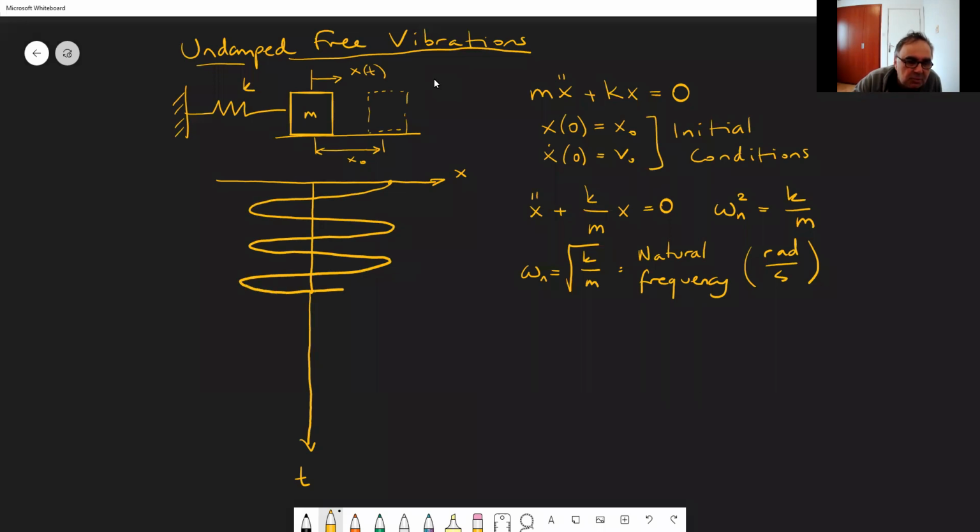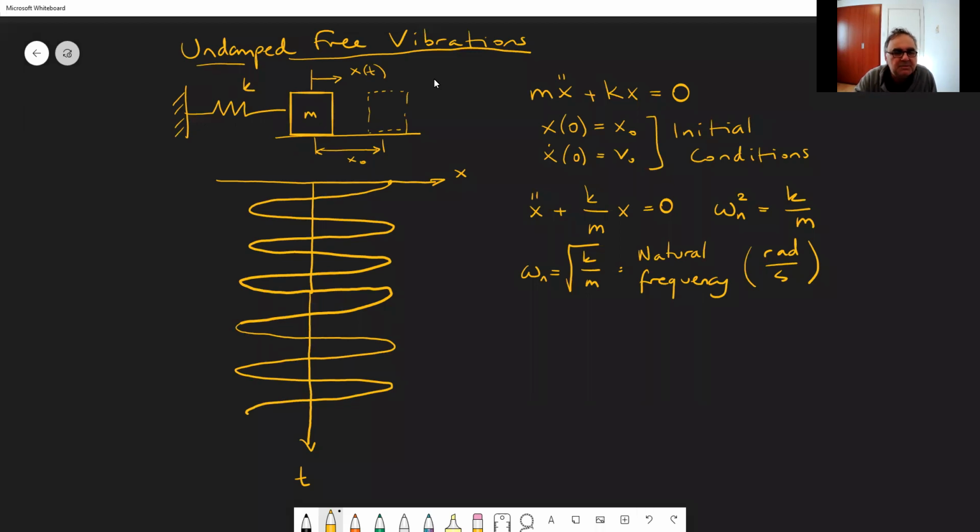If there is no damping or friction, it is supposedly a sine wave. My drawing is not very good, but you can understand. The period of it must be the same. It goes on like this. This is the period.